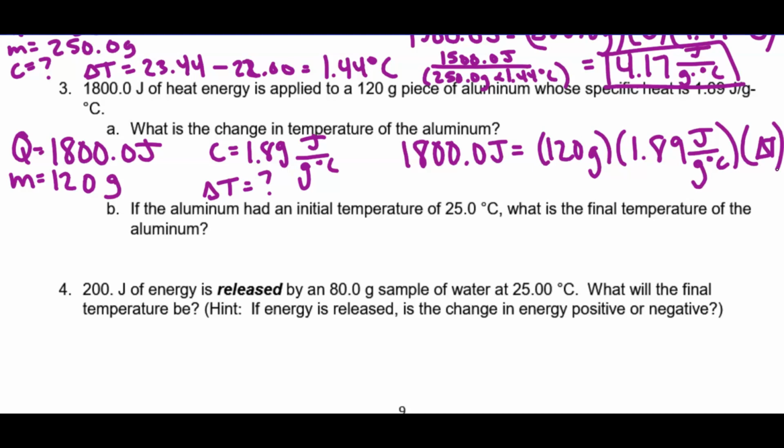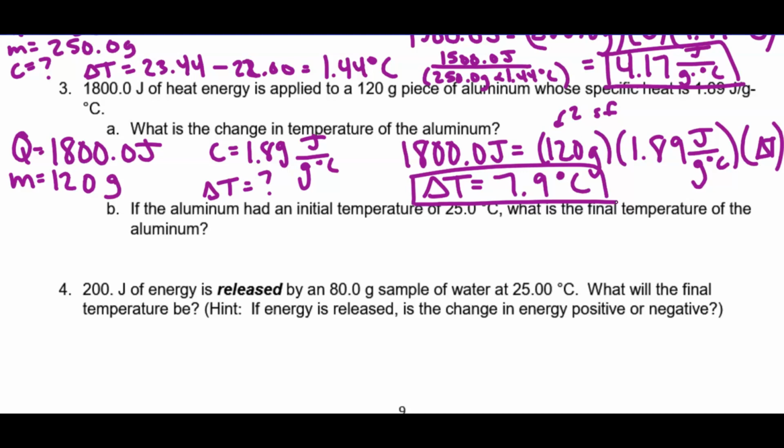And we get a change in temperature with 2 significant figures, because the mass has 2 significant figures, of 7.9 degrees Celsius. So the temperature had to increase by 7.9 degrees.